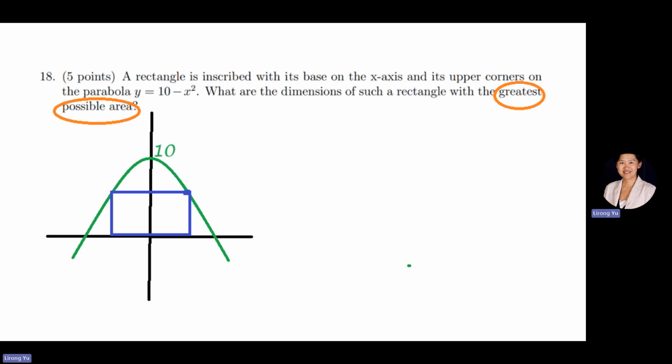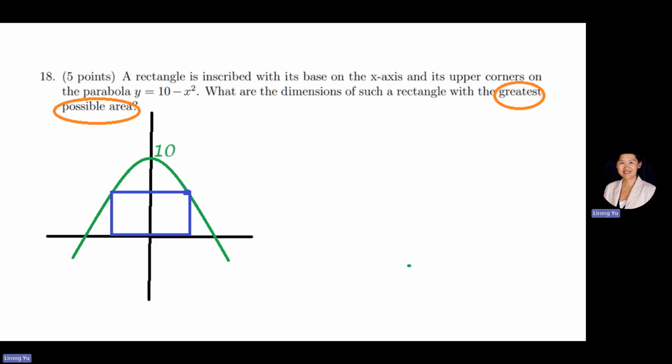The rectangle will have two corners on the x-axis and two upper corners on the parabola. It's symmetrical, because the parabola with negative x squared is an even function. The left side and right side of the entire picture are identical, a mirror image of itself.